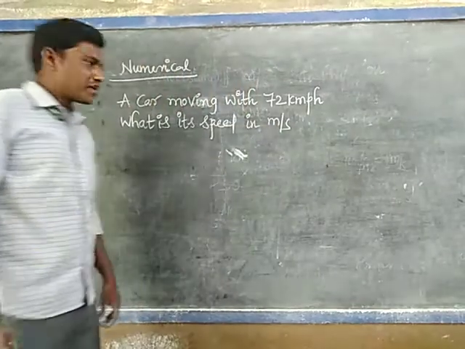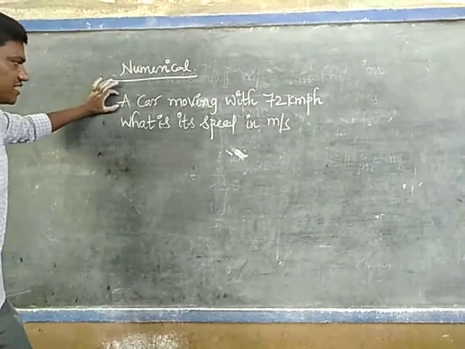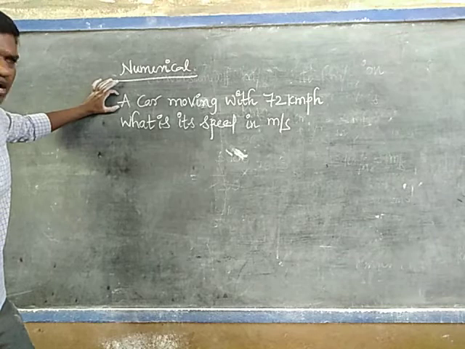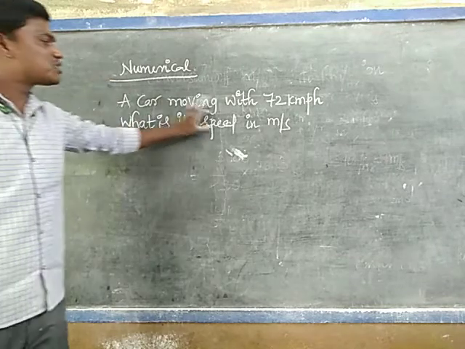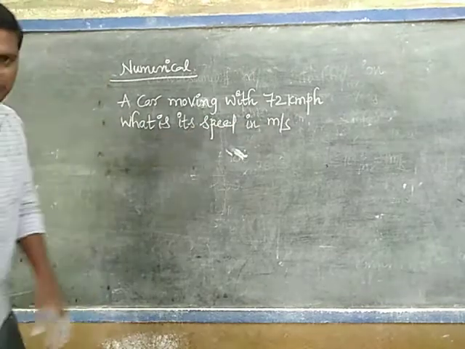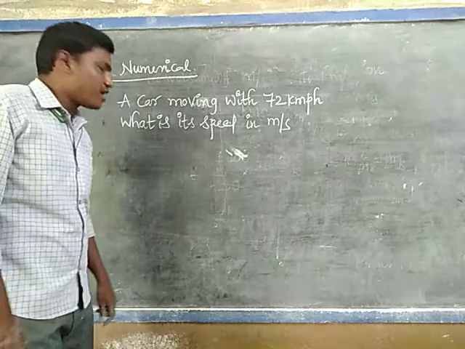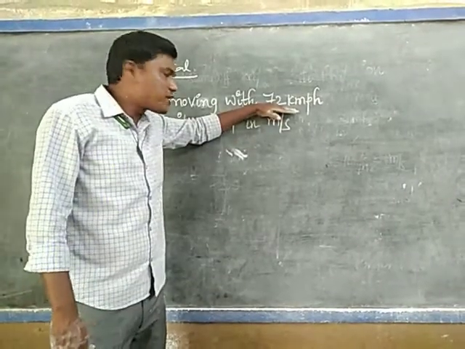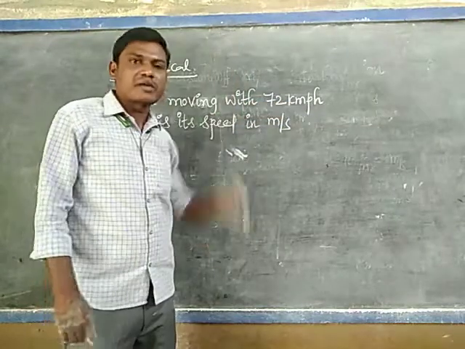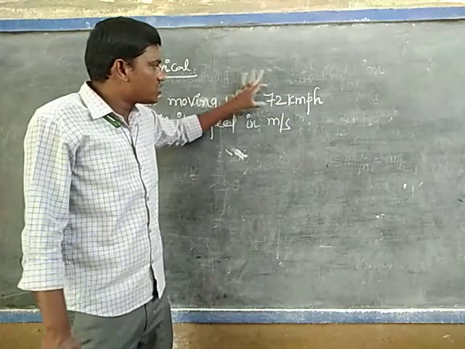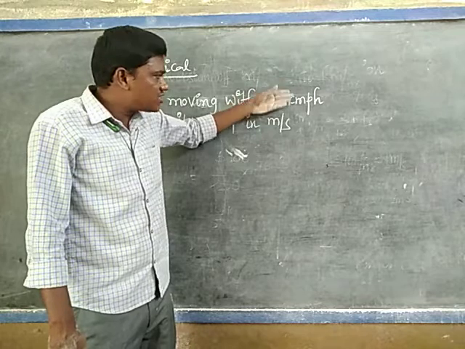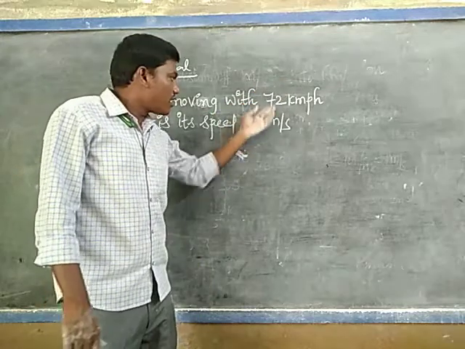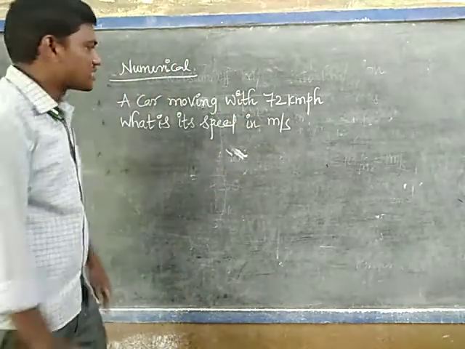A car moving with 72 kilometers per hour. What is its speed in meters per second? Listen very carefully. In this problem, they have given very clearly the initial speed of the car, 72 kilometers per hour. When a car is moving with this much speed, we can convert it into meters per second.